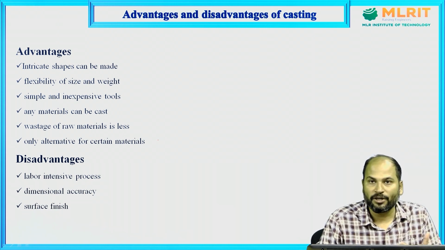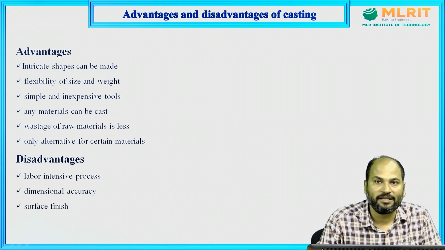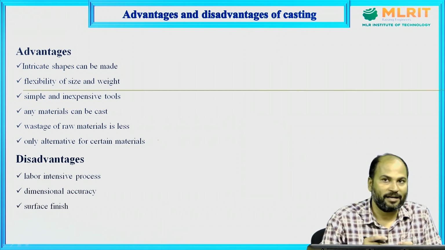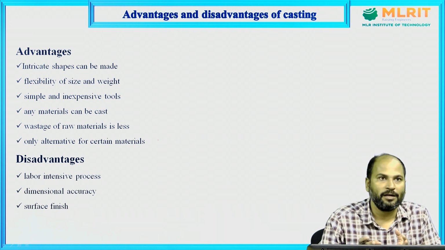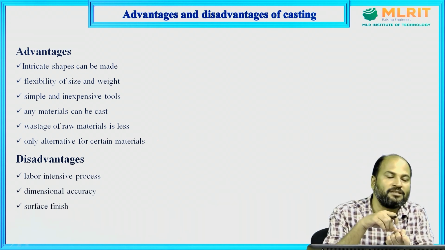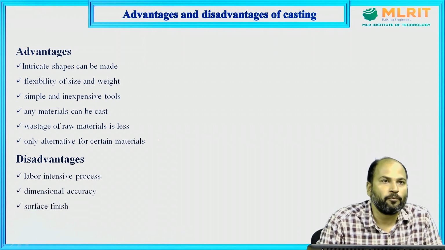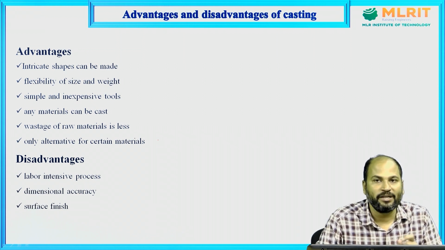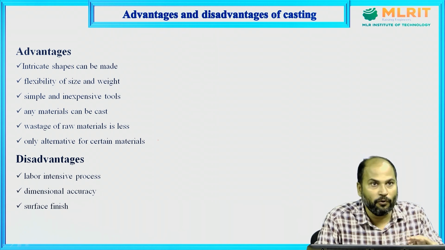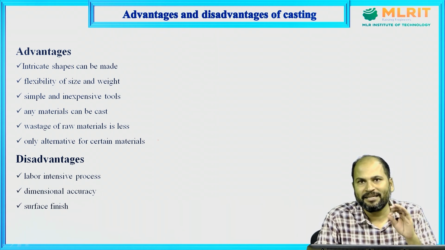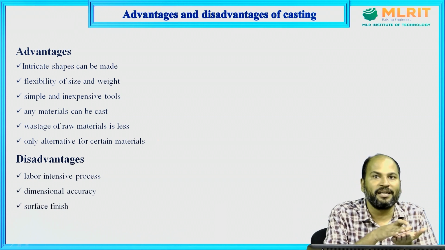Why can it produce intricate or complex shapes? The reason is, as we know, in casting, first we have to melt the metal, whatever metal we are going to cast. That molten metal we pour inside the mold cavity. As we know, it is in liquid form, and the beauty of a liquid is that it can easily flow. So with the property of flow, it can reach even the intricate part or the very constricted area.